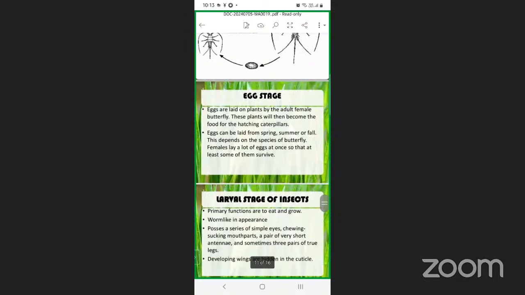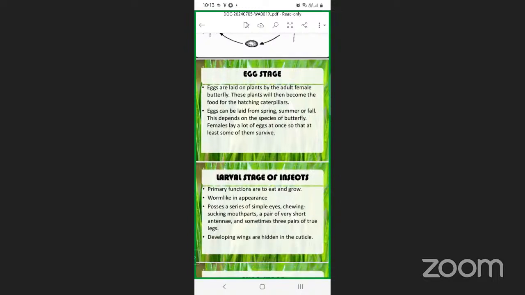When we want to describe the egg stage, we say that eggs are laid on plants by the adult female butterfly.